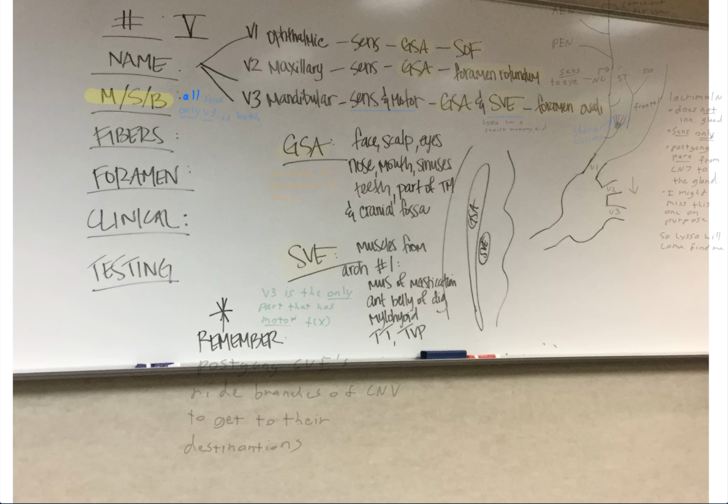Fiber types. If you look over there, we've got SVEs and GSAs. The A meaning sensory, so GSA is in all 3. So sensory fibers that are GSA in all three divisions. Your motor, which are going to be your SVEs, are only in the third division.